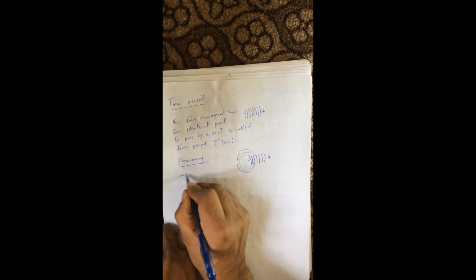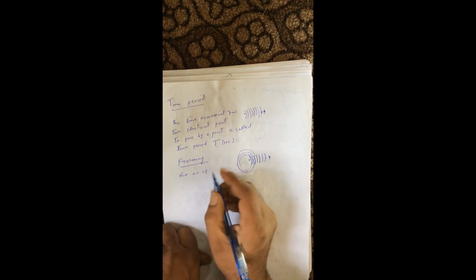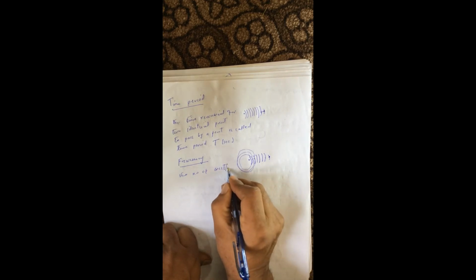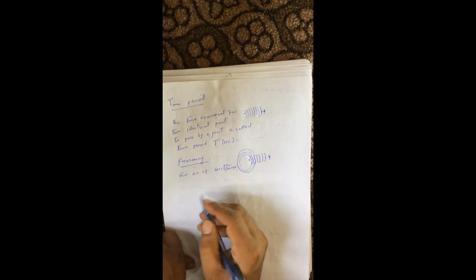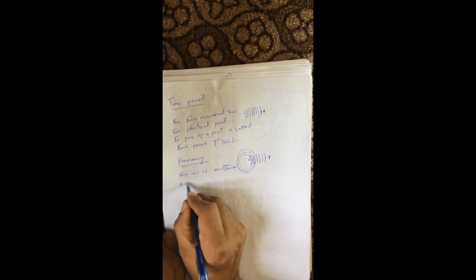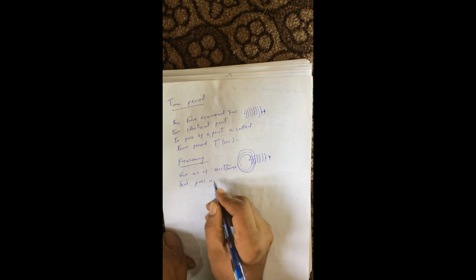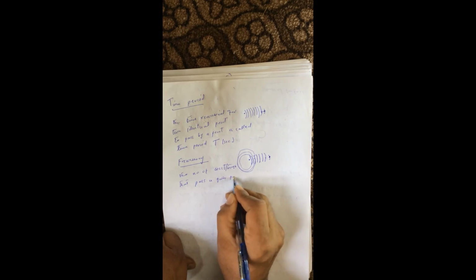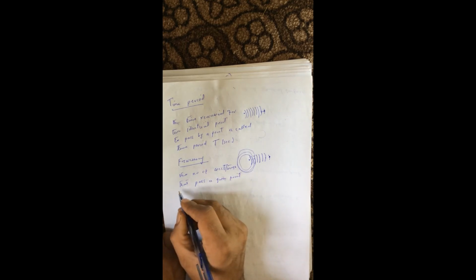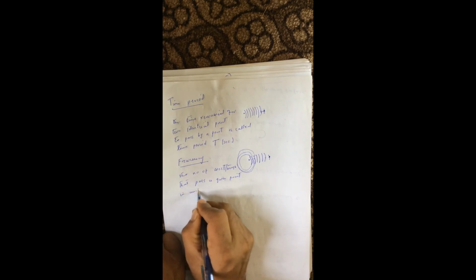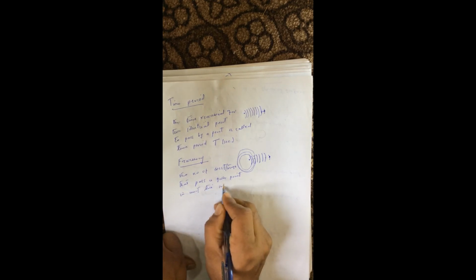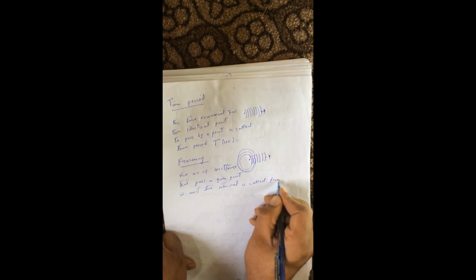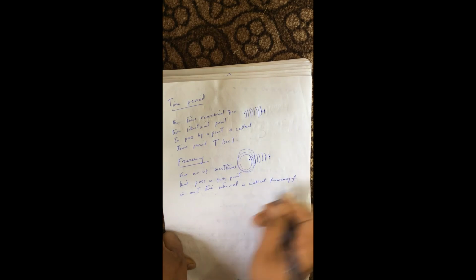The number of crests or troughs, or any other identical points, that pass a given point in a unit time interval is called frequency, denoted by the symbol f.